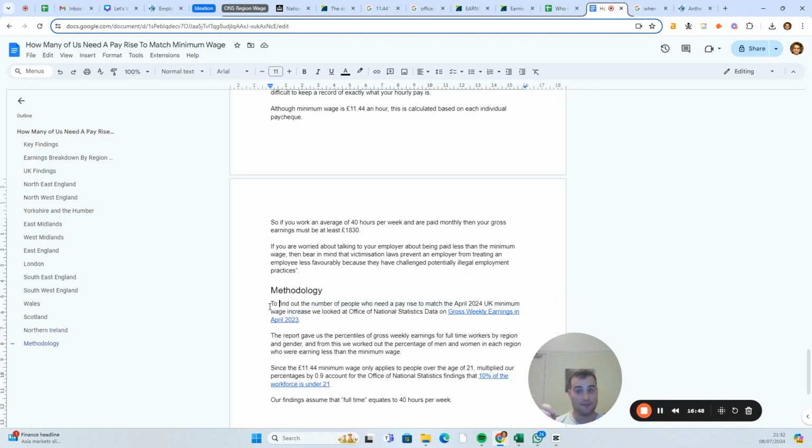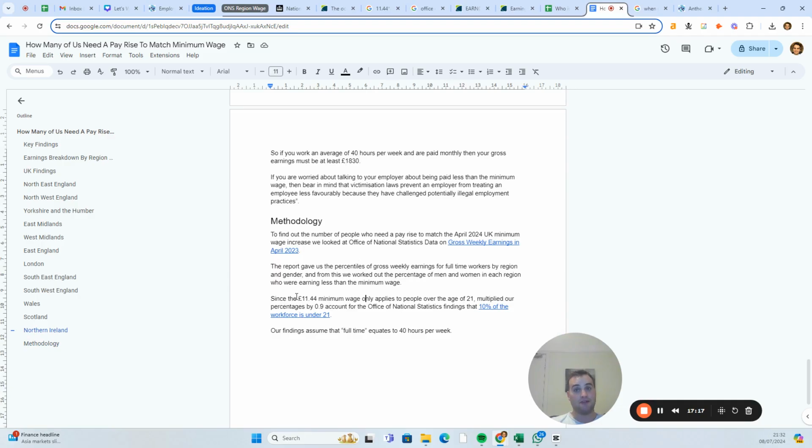And at the end, this is the methodology. So to find out the people who need a pay rise to match the April 2024 UK minimum wage, we looked at Office of National Statistics data on gross weekly earnings in April 2023. The report gave us the percentiles of gross weekly earnings for full-time workers by region and gender. And from this, we worked out the percentage of men and women in each region who are earning less than minimum wage.